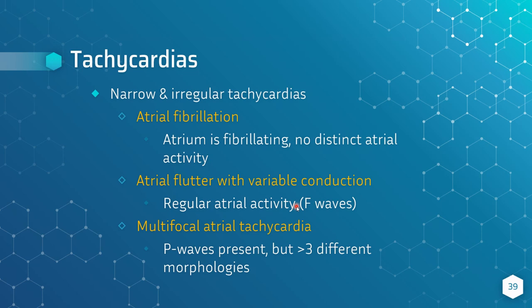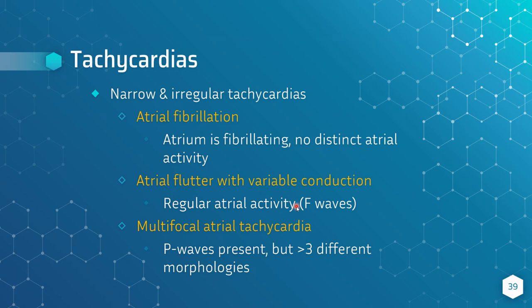And MAT. So MAT is you have P waves present, like you would in a sinus rhythm, but there's more than 3 different morphologies of the P wave. So you'll get an irregular rhythm, and then your P waves look completely different, at least 3 of them. And that'll put you at multifocal atrial tach.